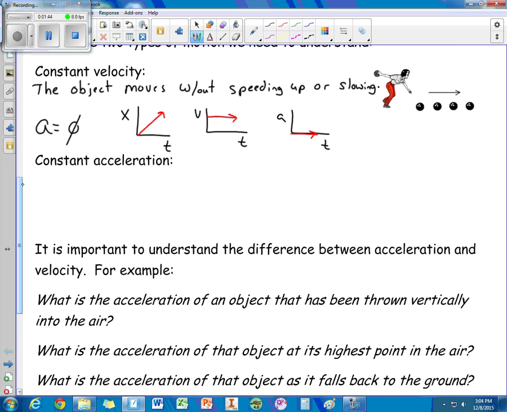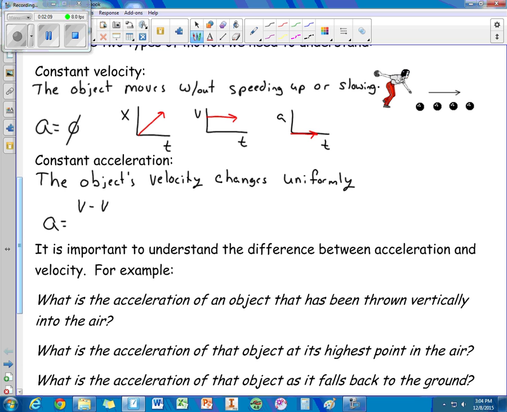Okay, in constant acceleration, the object's velocity will change uniformly. So in this case, the acceleration would equal the final velocity minus the initial velocity over time.